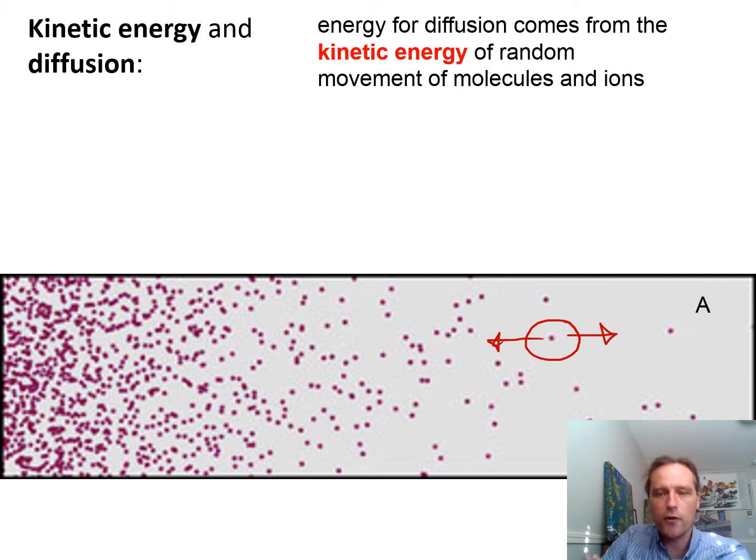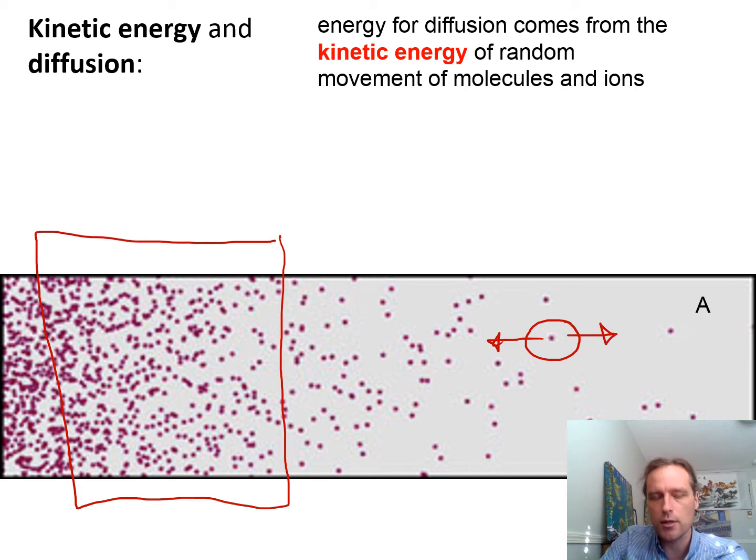So let's not imagine up and down and forward and backward. Let's just consider left and right, for the sake of simplicity. It'll be random, so half the time it'll go left, half the time it'll go right. Yeah? So consider now concentration. There's a lot more molecules over here where the concentration is higher.